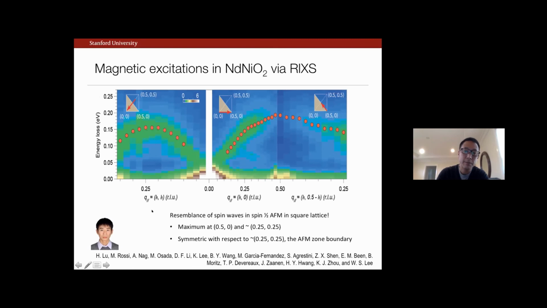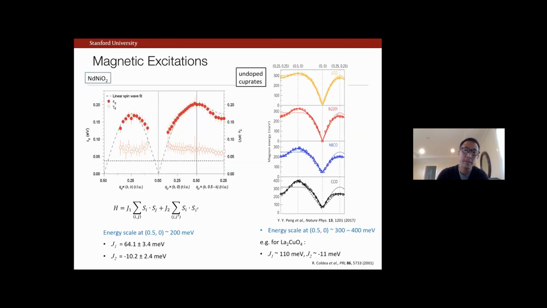Let me briefly then put this in comparison to the cuprates. If I take that data, here are the peak positions and a measure of half line width approximately. You can see that we can reasonably represent the data by a simple nearest and next nearest neighbor spin Hamiltonian. If I take a measure of the magnon bandwidth, it's something like 200 millielectron volts. And this compares with, let's say, for cuprates, typically about 300 to 400 meV.